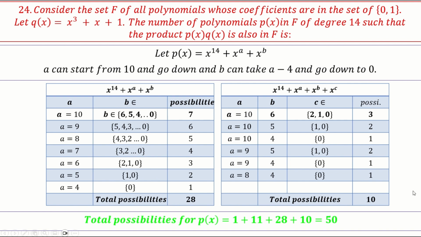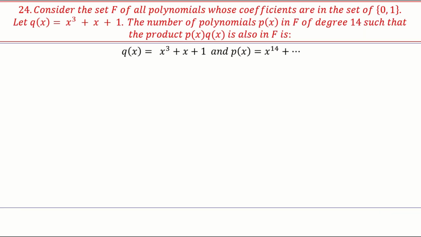Now, let's see the same problem in a recursive way for the advanced practitioners. If you have practiced recursive problems, then it's a very simple equation. Q of x equal to this one, we know P of x equal to x power 14 plus something else.